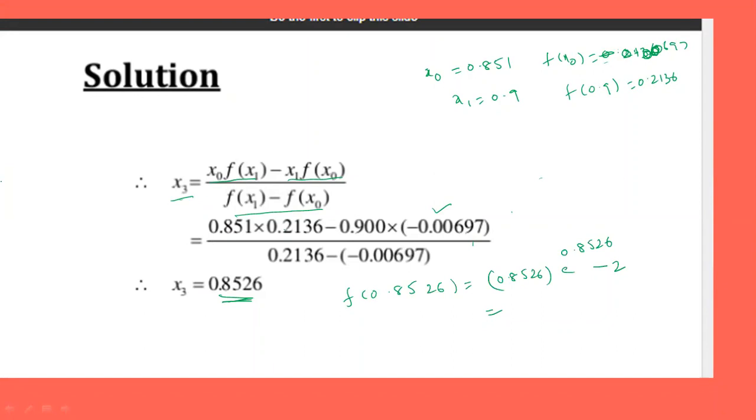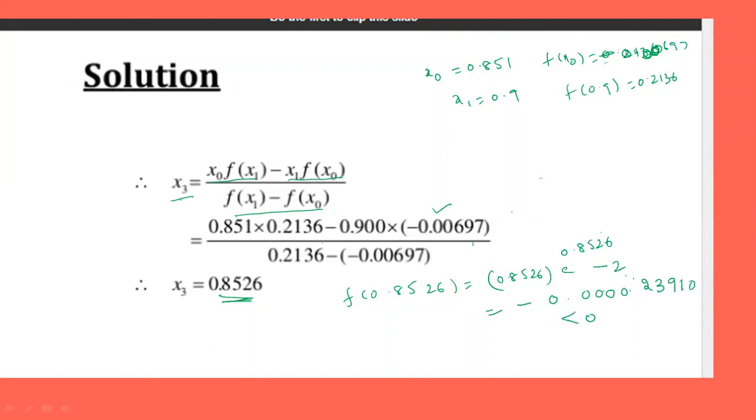E power 0.8526 into 0.8526 is equal to 1.9999, minus 2. How much you will get? Minus 0.000239110. That is again less than 0.